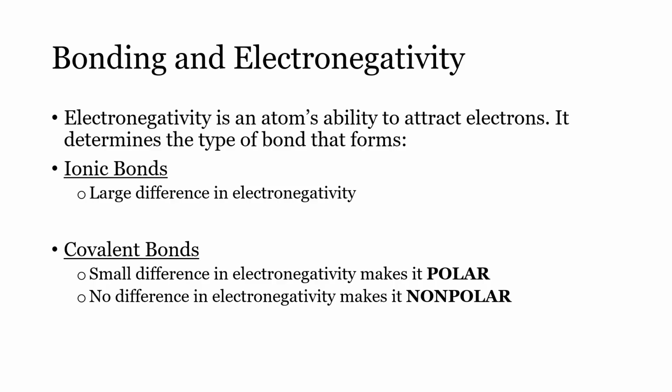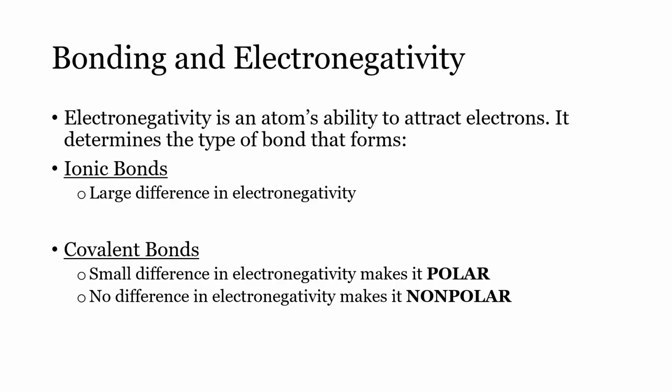So francium being a metal, having our lowest electronegativity, and fluorine being a nonmetal, having the highest, is going to cause a really large difference in electronegativity. The larger the difference is, those electrons are essentially going to be stolen, and we are going to create an ionic bond. Now, our covalent bonds are a little bit more complicated.